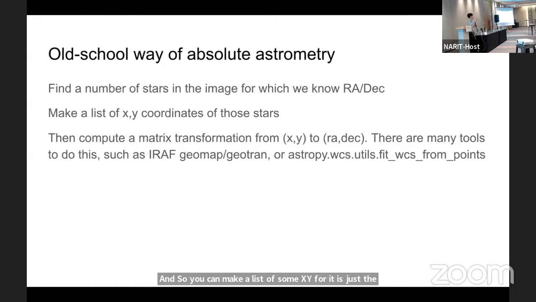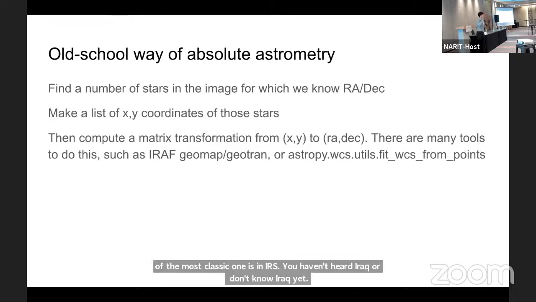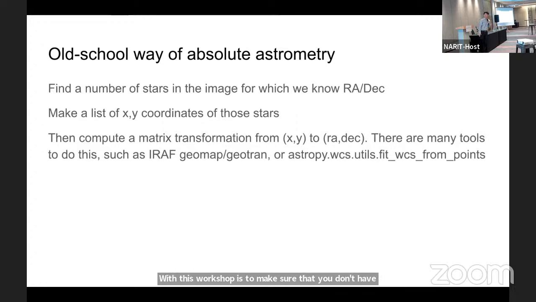You know the array index, and there are a bunch of software packages that can help you produce the transformation matrix that you can apply to XY to convert that to sky coordinates. The most classic one is in IRAF. If you haven't heard of IRAF or don't know IRAF yet, our goal with this workshop is to make sure that you don't have to deal with that.